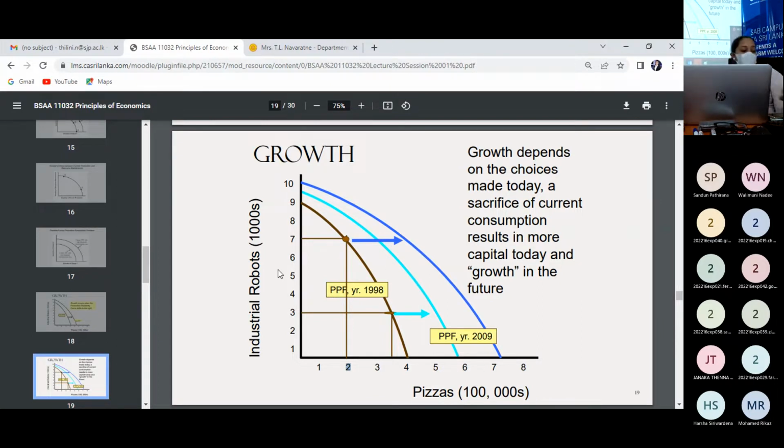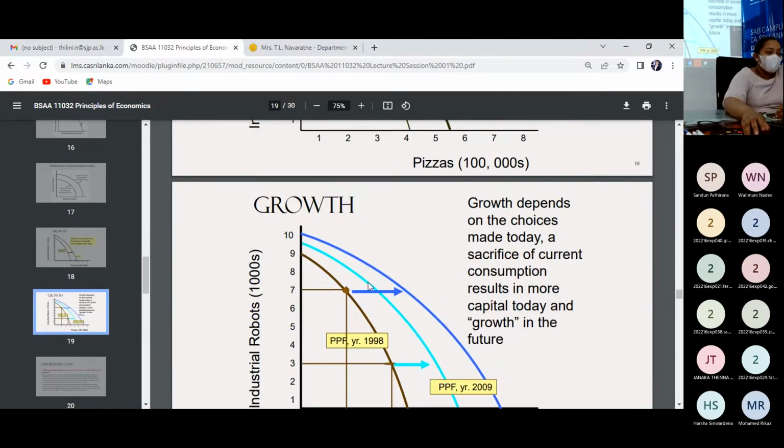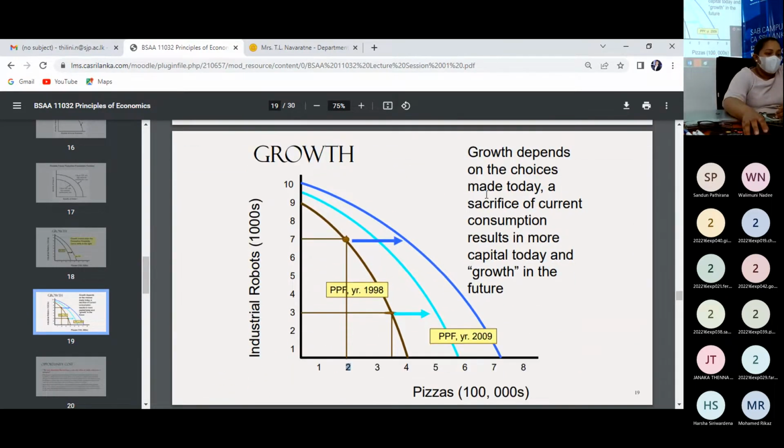Everybody done? Everyone online, are you done? Yes. Okay, right. Now here is the growth shown in this.